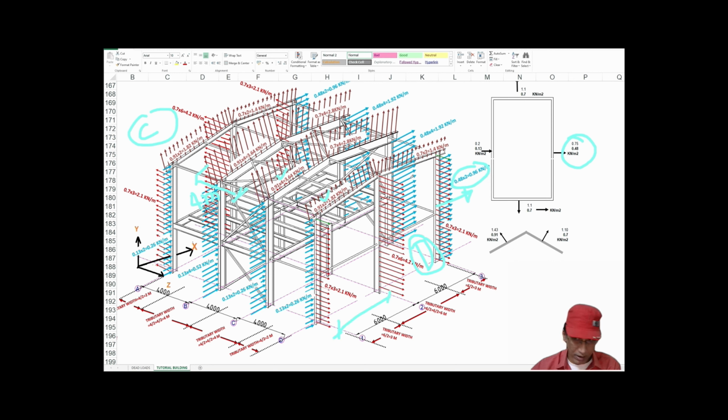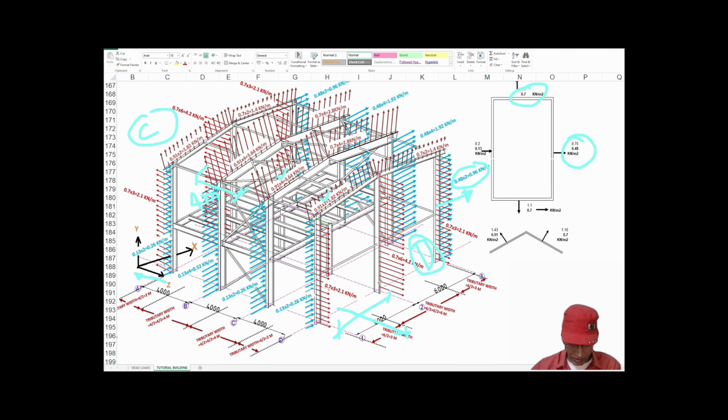So 3 meter into 0.7, this is wall C, 0.7, gives 2.1 kilonewton per meter. It is in the negative direction of Z.